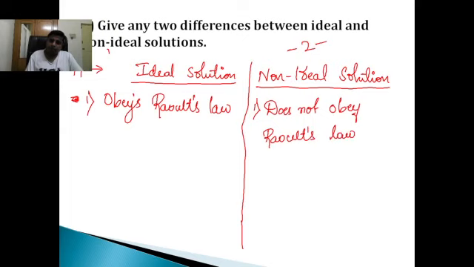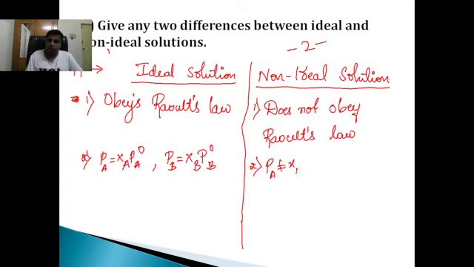For ideal solution, PA is equal to xA PA naught, and PB is equal to xB PB naught. This equation holds good. Whereas for non-ideal solution, PA is not equal to xA PA naught, and PB is not equal to xB PB naught, isn't it?